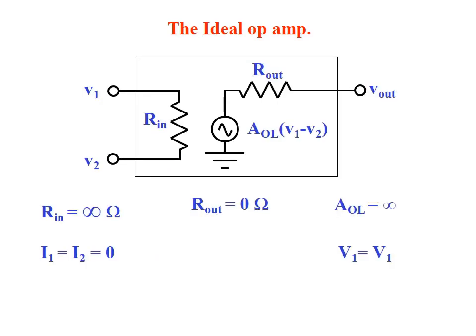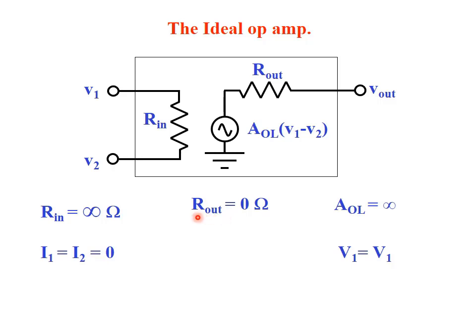Now we'll talk about the ideal op-amp, the perfect op-amp. If you know what ideal means, it's the perfect operational amplifier. So in the perfect operational amplifier, the input resistor is infinite, and the currents I1 and I2, the currents through V1 and V2, equal 0. So no input current, as a result of the infinite input resistor.